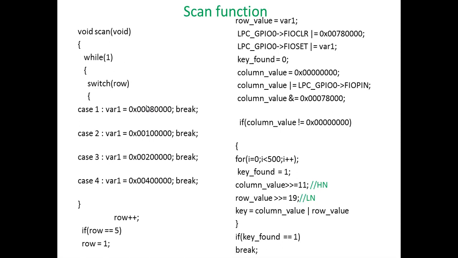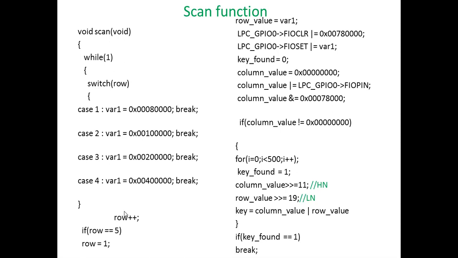Only the pin associated with the first row of the key matrix will be logic 1, and the remaining bit positions will be 0. We are going to increment row as row++. Initially the row value is 1, now it is going to increment to 2. We are checking whether the row value becomes 5, to ensure that the row value stays in the range from 1 to 4.